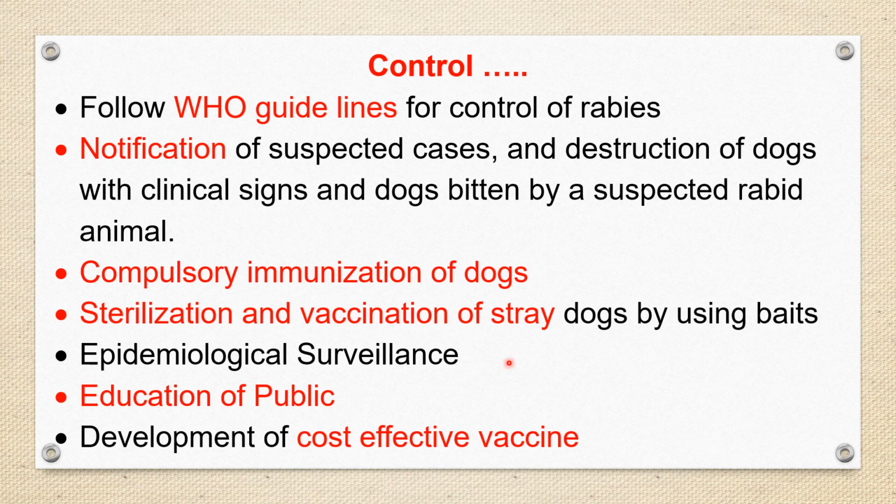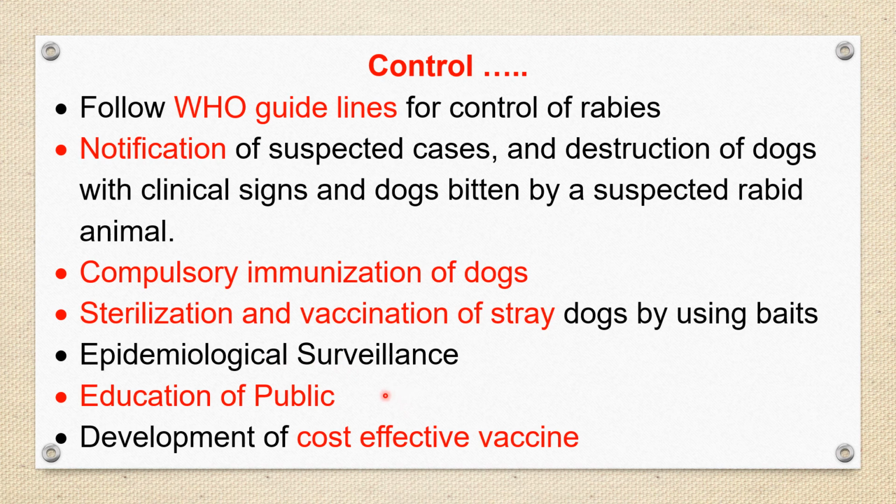Epidemiological surveillance of rabies in an area gives us an idea about the prevalence and incidence of rabies and its control measures. And based on epidemiological data, plan the preventive and control measures.